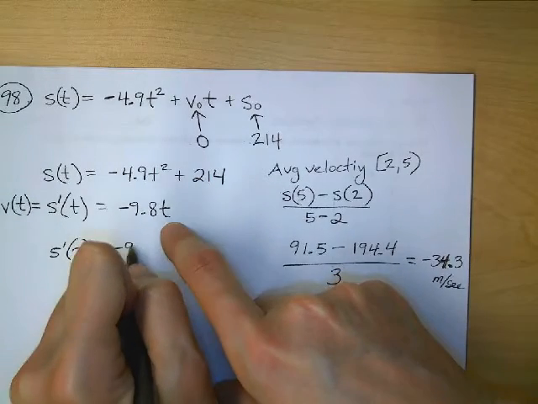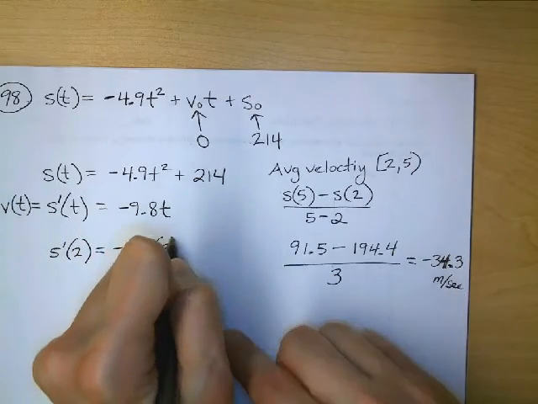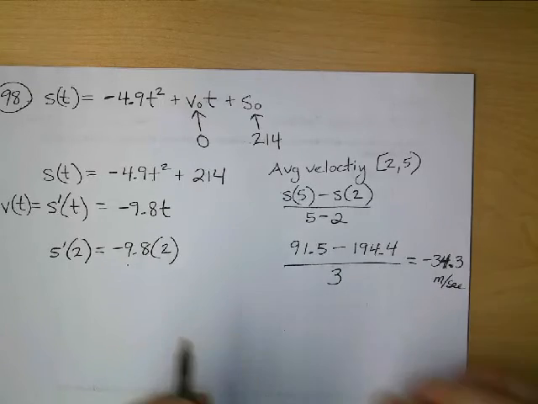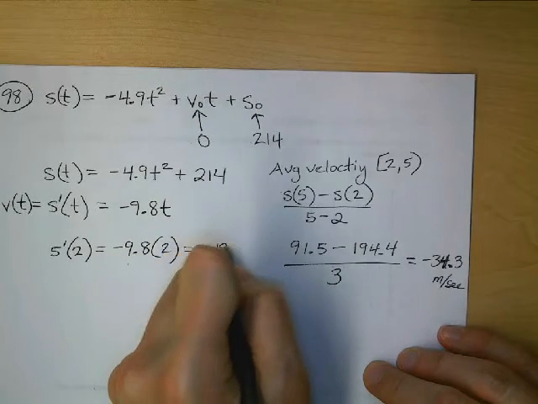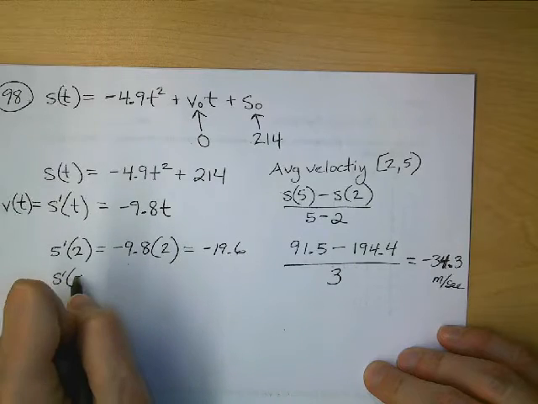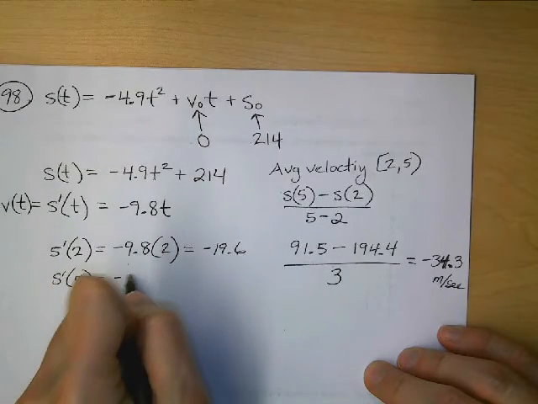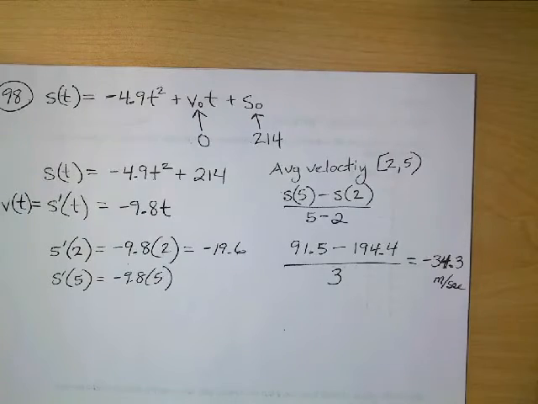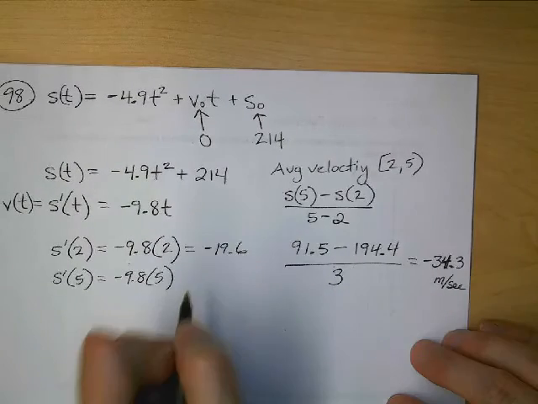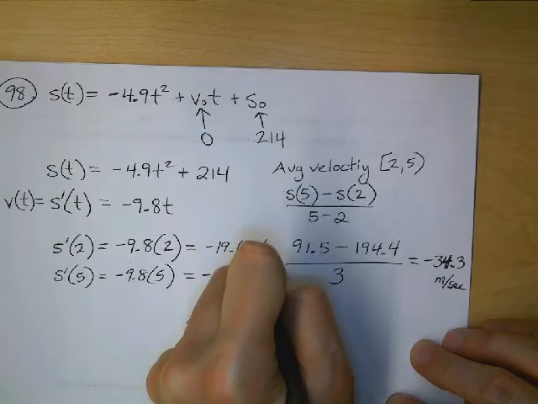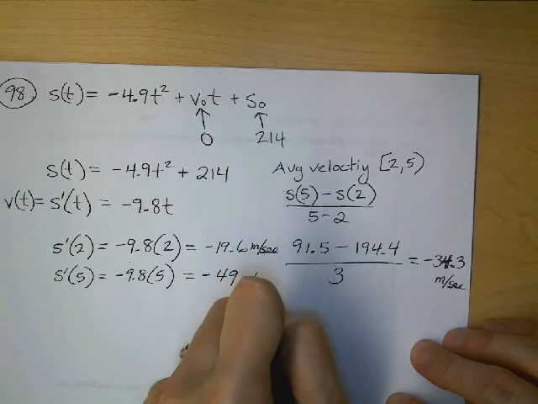So negative 9.8 times 2 is negative 19.6, and then try 5 in there. Negative 9.8 times 5. And that gave me negative 49 meters per second.